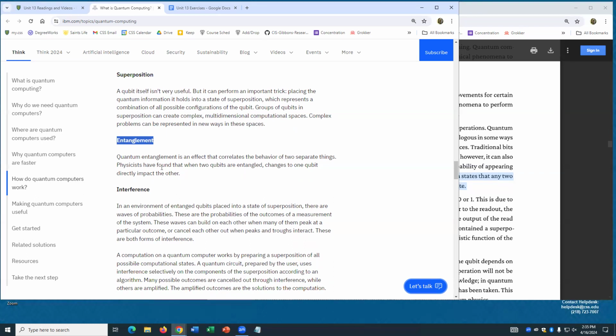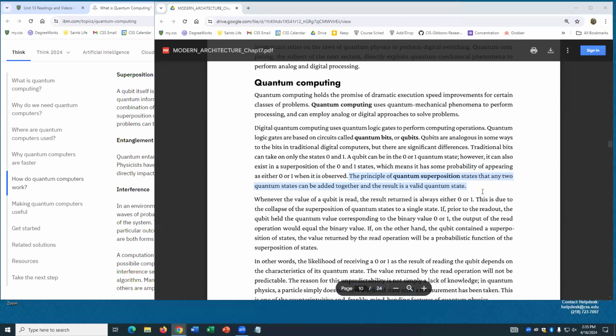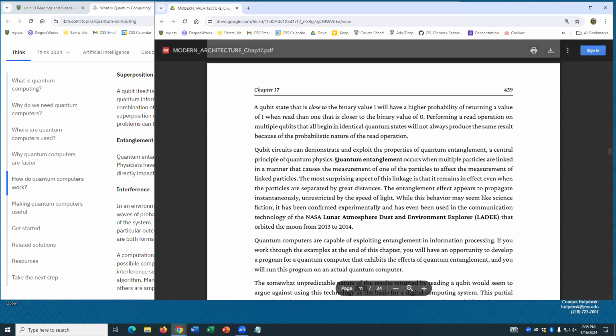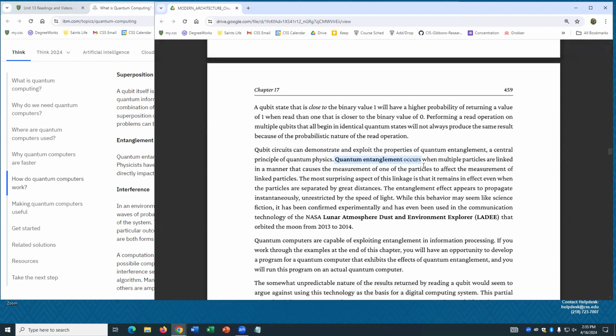Physicists found that when two qubits are entangled, changing one qubit can directly impact the other. That's part of this whole quantum entanglement. This is what your book says: quantum entanglement occurs when multiple particles are linked together in a manner that causes the measurement of one particle to affect the measurement of another particle.